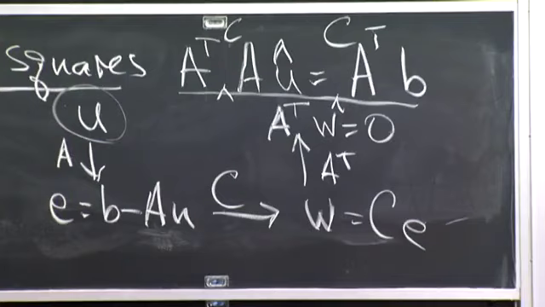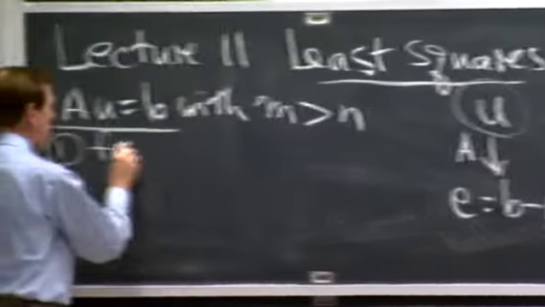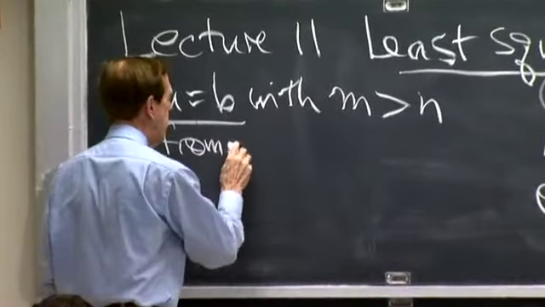You see that it would be A transpose CA instead of A transpose A, but still the main facts are there. Okay, so where does the equation come from? All right. So one source, one way to get the equation is from calculus, from minimizing.